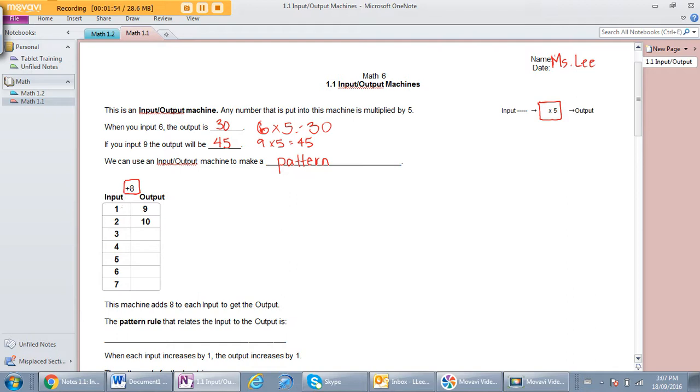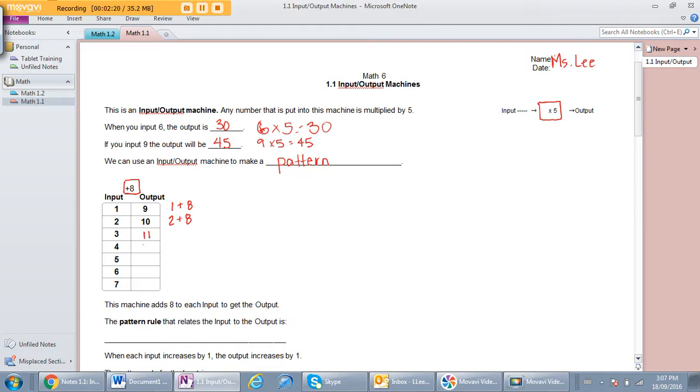So when I take the input number of 1 and I add 8 to it, I get an output of 9. When I input the number 2 and I add 8 to it, I get an output of 10. So if I'm thinking about an input number of 3, 3 plus 8 is going to give me an output of 11.